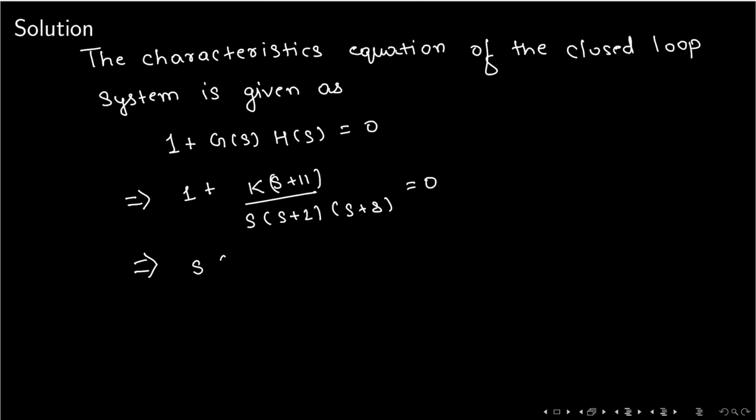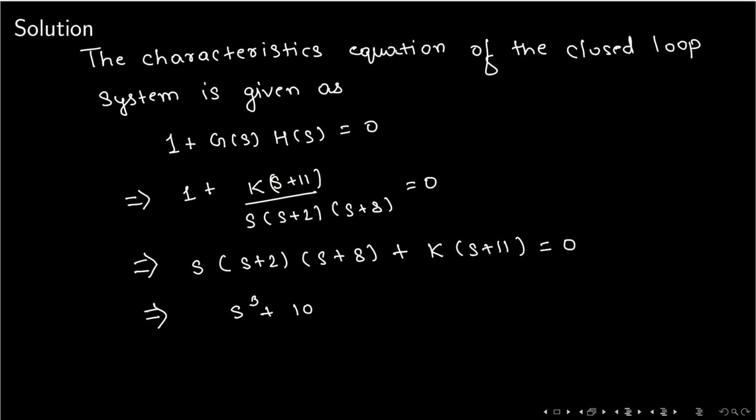Simplifying further, we get s into (s plus 2) into (s plus 8) plus k times (s plus 11) equal to 0. Further, we get s cube plus 10s square plus 16s plus ks plus 11k equal to 0.